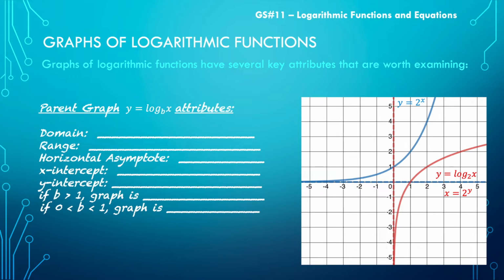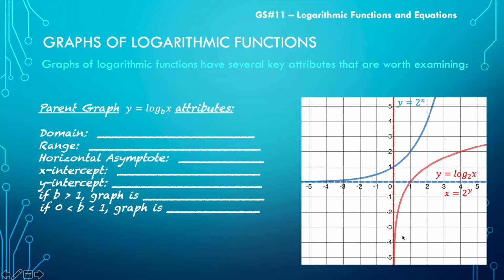So let's look at this red graph, y equals log base 2 of x. Notice that we have this curve, and instead of approaching the negative x-axis, it is approaching the negative y-axis, and it does not extend beyond the y-axis at all.